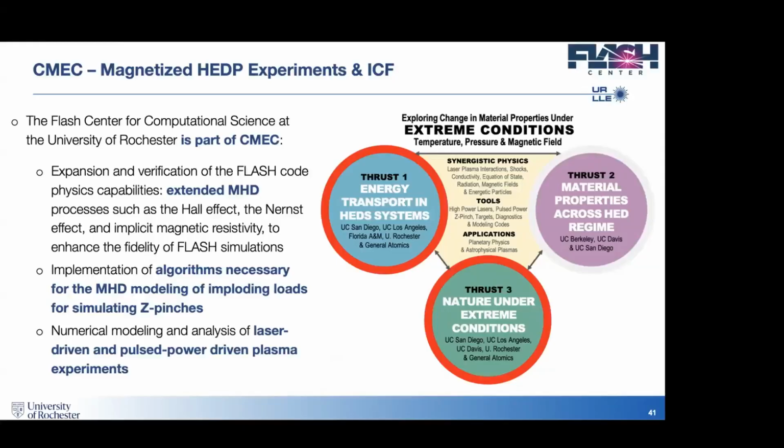We use this initiative to take Flash and turn it also into a pulse power simulation code.